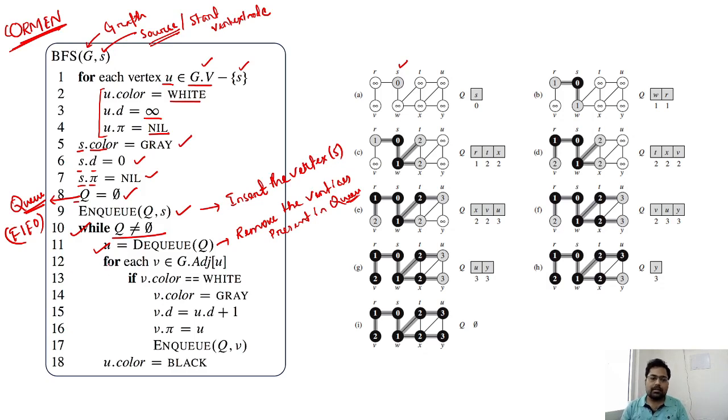Okay, next we will run the for loop. Within the while loop, a for loop is running. In that for loop, small v is also a part of the vertices, but it is adjacent to u. Adjacent means those which are connected with u.